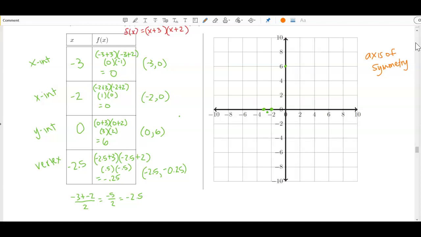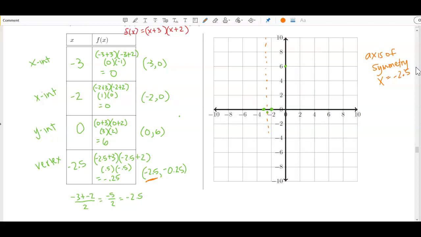Our line of symmetry always lines up with our vertex. It always goes through that vertex. This is not the easiest to try and draw on here. See if I can do that. Okay, so there's my axis of symmetry. And that would be the line x equals -2.5. That's what the line is called, that dotted line that I put in there.